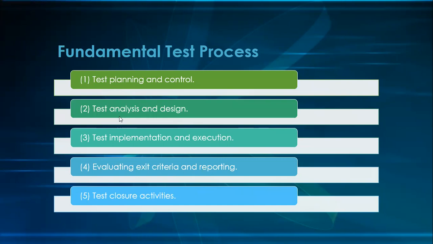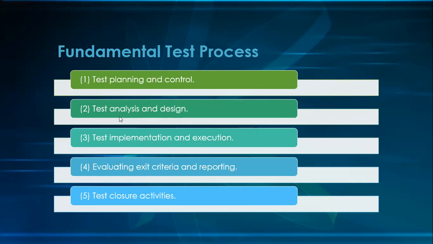So when you're analyzing and designing, there are phases. You might write scripts. Let's take an example: five test cases is what you have written as part of analyzing and designing.